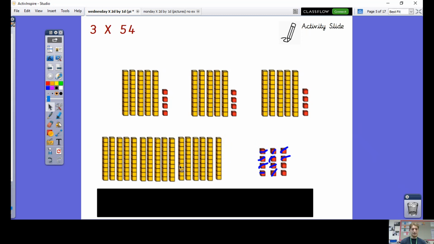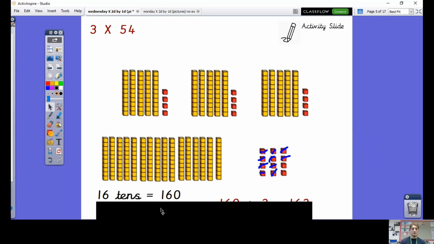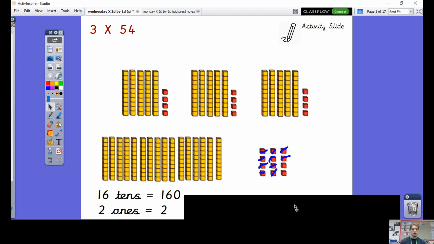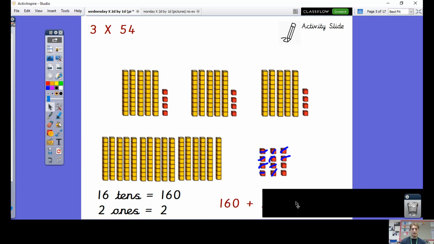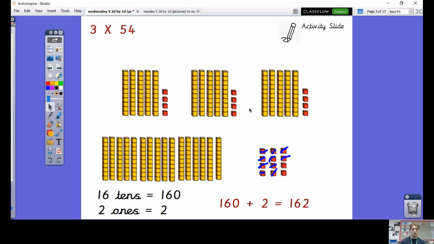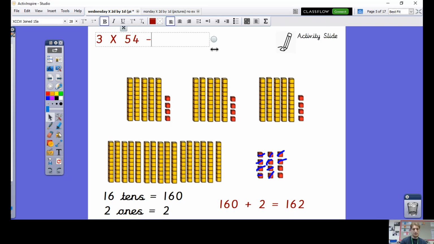So now we did have 15 tens, but we've exchanged another one over, so we should have 16 tens, which is the same as 160. And then we should also have 2 ones left over, which is the same as 2. 160 add 2 finally equals 162. And that is the answer to our number sentence. Remember to fill it in at the top.